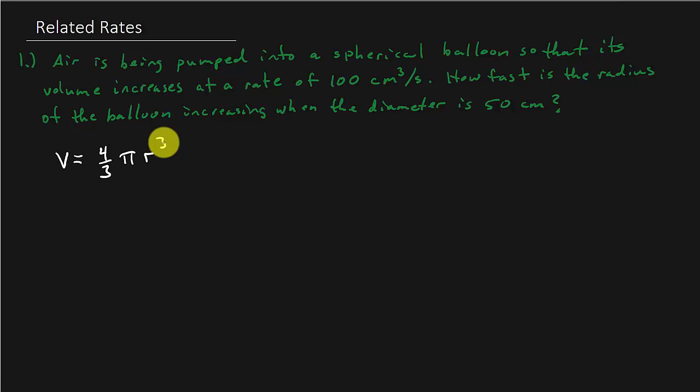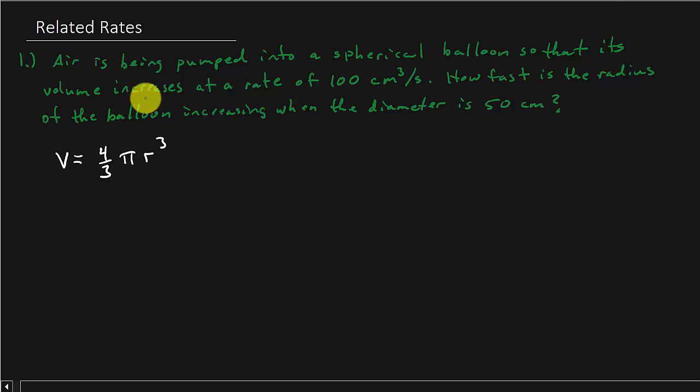Now let's look at the information it's given us. Remember, when we're doing these related rates, we're taking the derivative with respect to t. It tells us that the volume increases at a rate of 100 cubic centimeters per second.